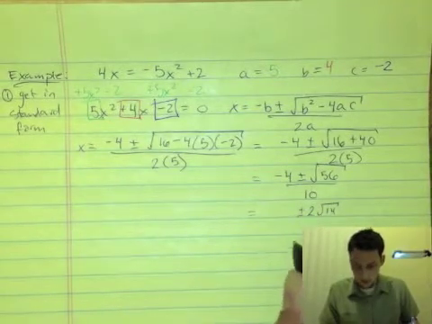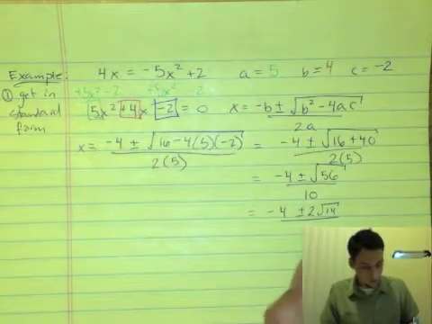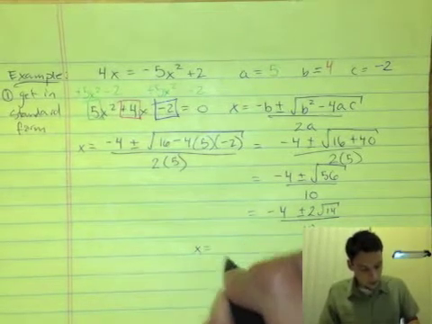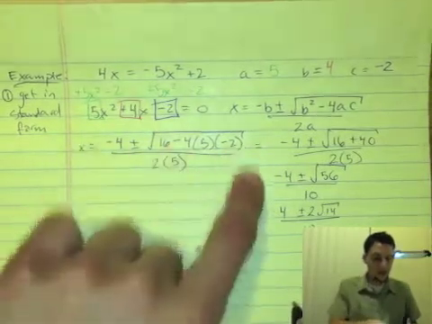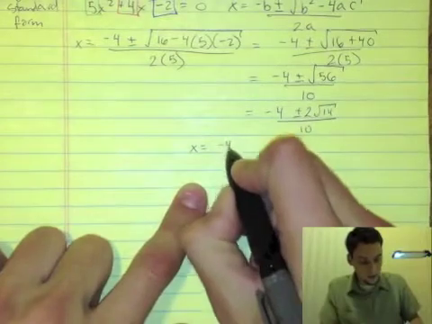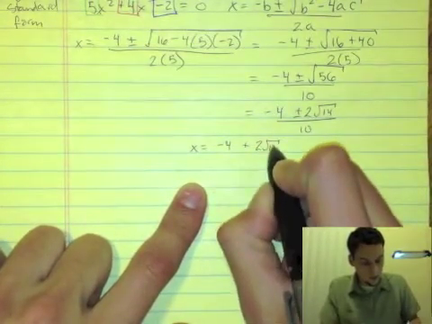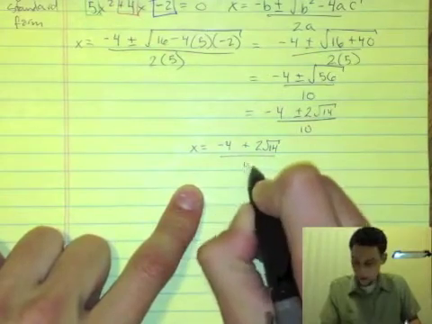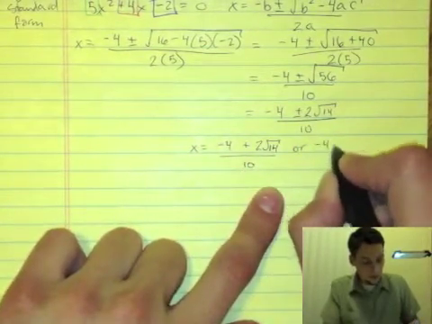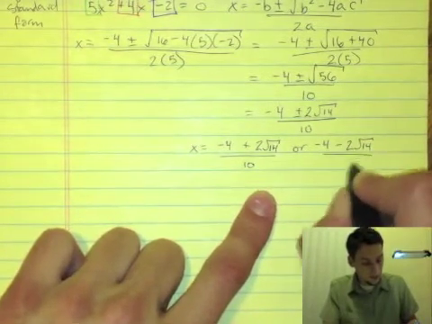So x equals negative 4 plus 2 root 14 over 10, or negative 4 minus 2 root 14 all over 10.